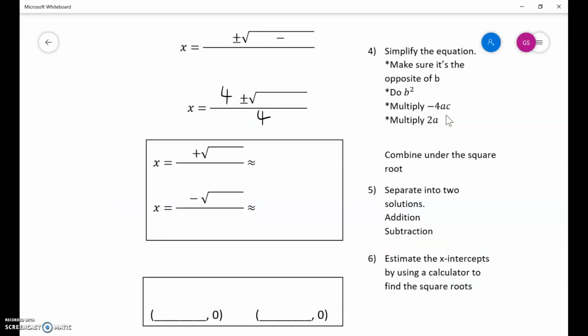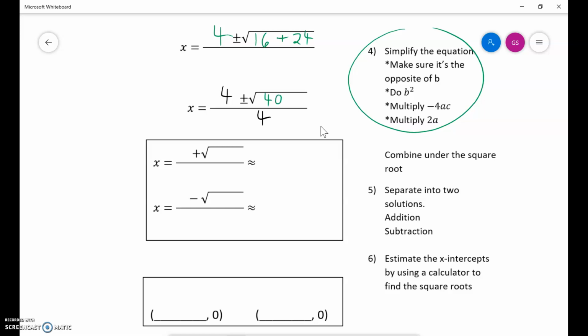So here we go. So basically we had 4 here, we had 16, this was plus 24. Because we've done all these steps, that's done. Now next we have to combine under the square root. So here's the square root, and 16 plus 24 is 40. There you go. Okay, so that's done. Now to separate this into 2 different solutions, the addition solution and the subtraction solution.